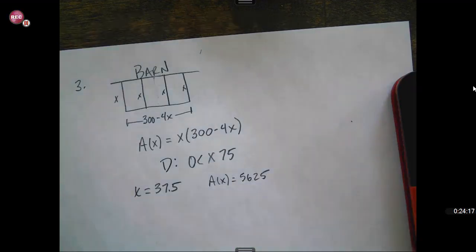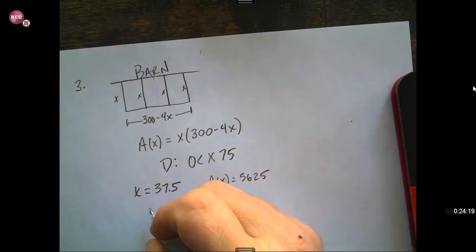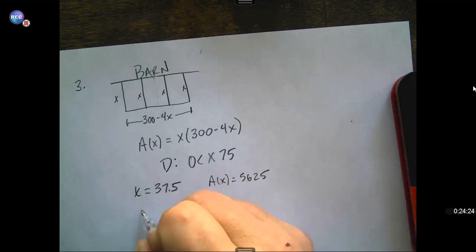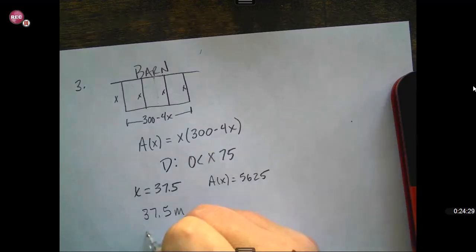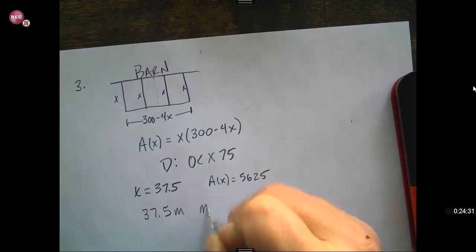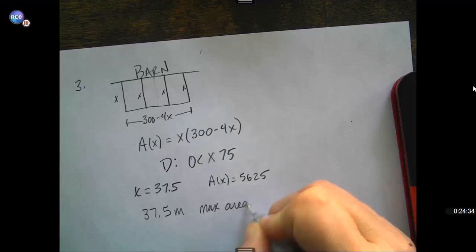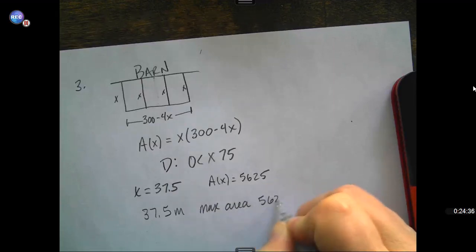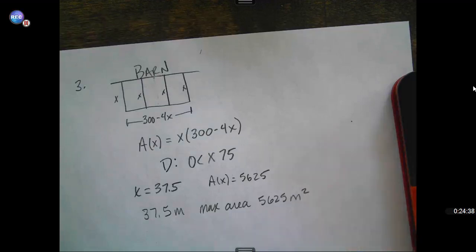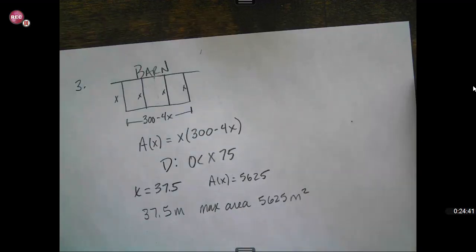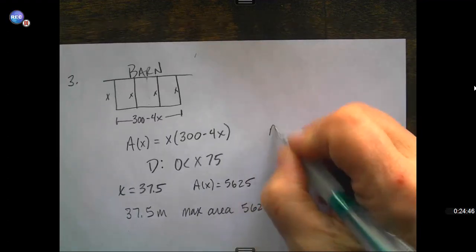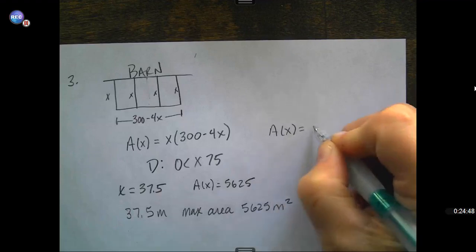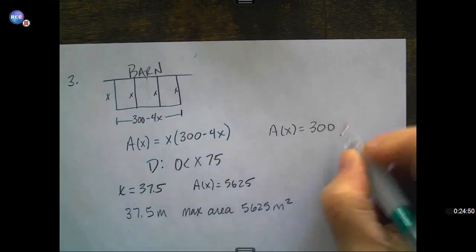Okay, so to answer this question, we should label 37.5 meters, and the maximum area is 5,625 meters squared. What I hesitated for when we went to the calculator is I could have also, this doesn't really require a calculator like the cubic function does.